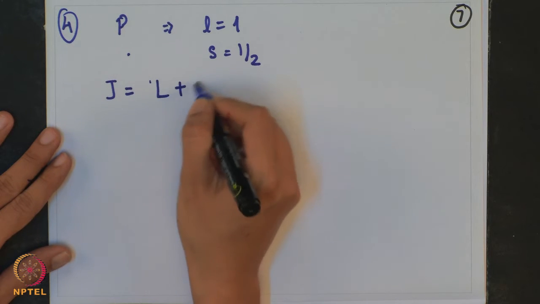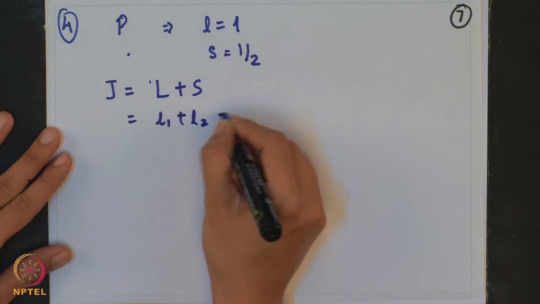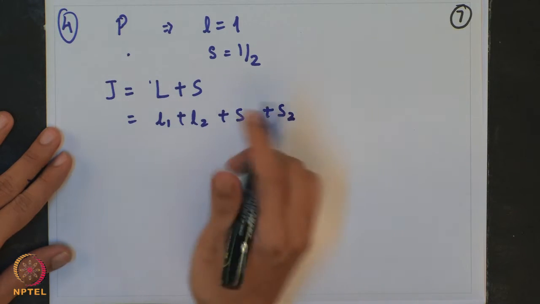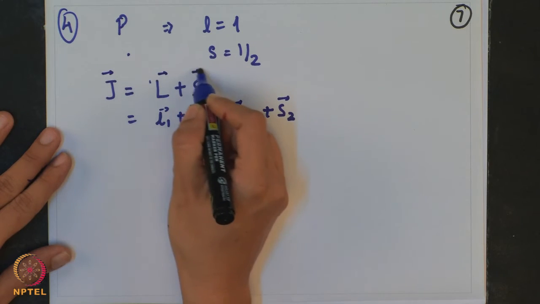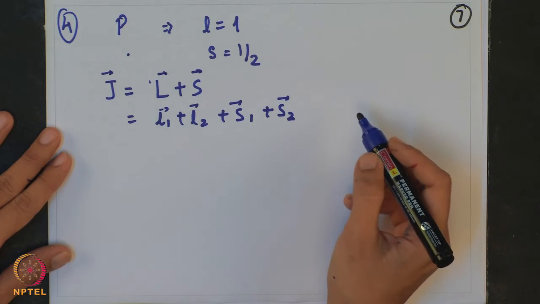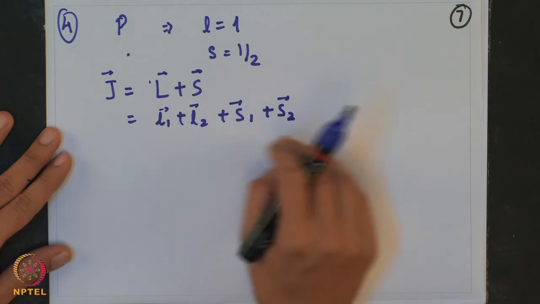So, J equals L plus S, where L is L1 plus L2 and S is S1 plus S2. When I do this addition, J is this. For low values of Z, we can add L1 plus L2, S1 plus S2, and evaluate.